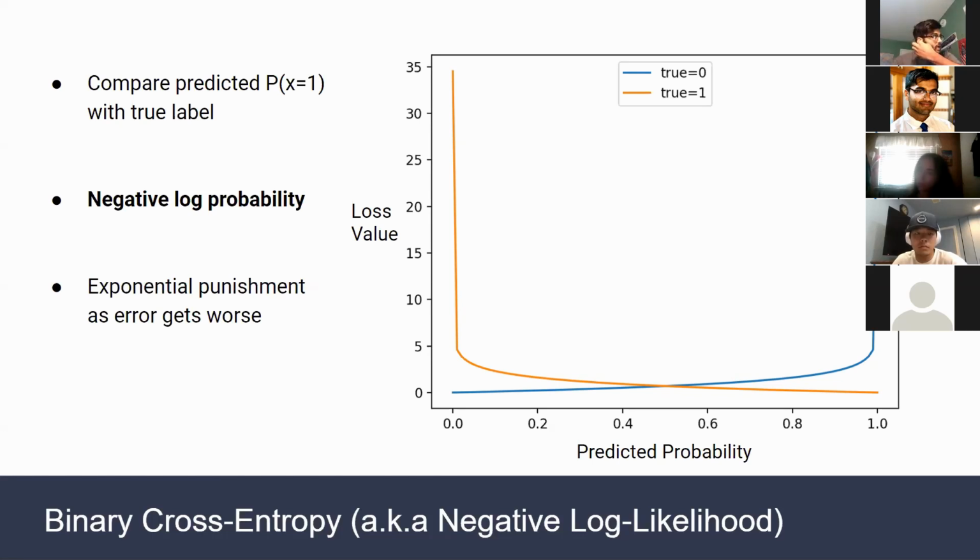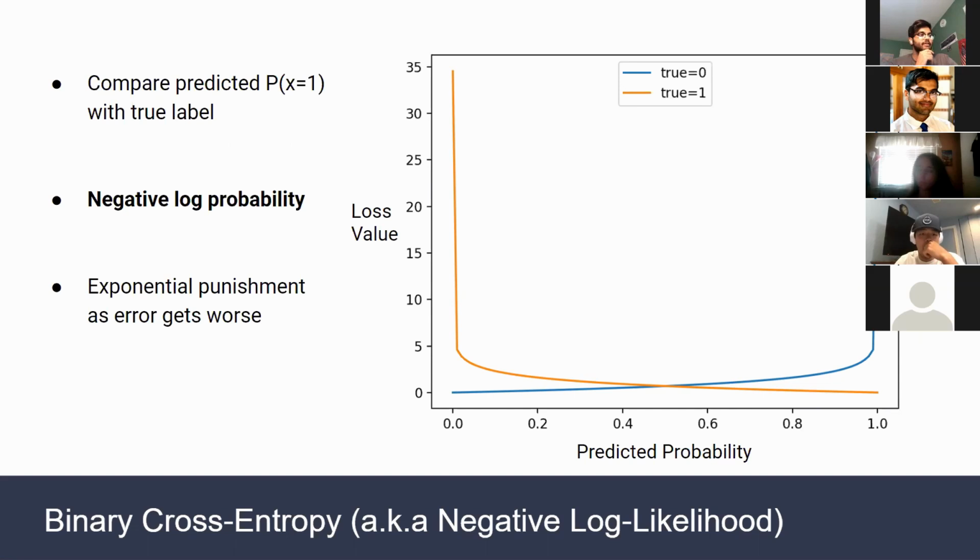Because if you've seen the equation, it's literally just taking the log of the probability that you guessed. The output of a binary classification problem would be the probability that it is 1, and that's your guessed probability. So you just take the log of that and the negative of that, and that's literally it.